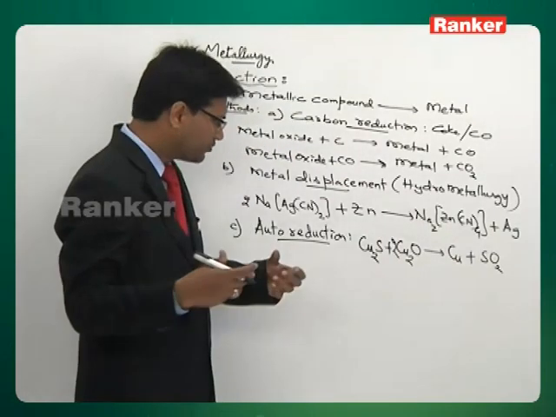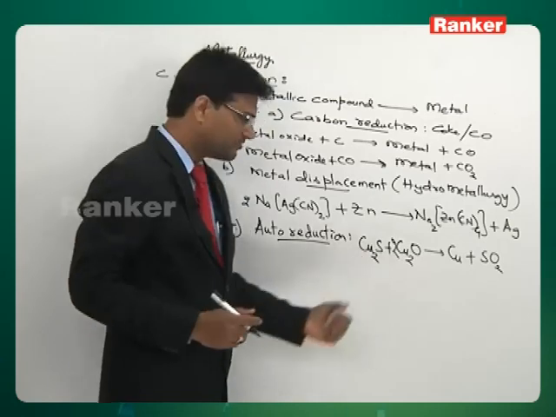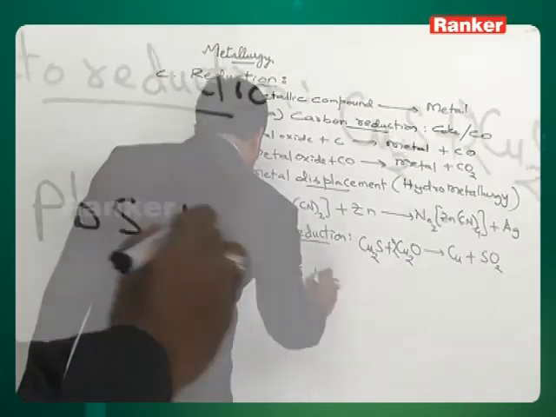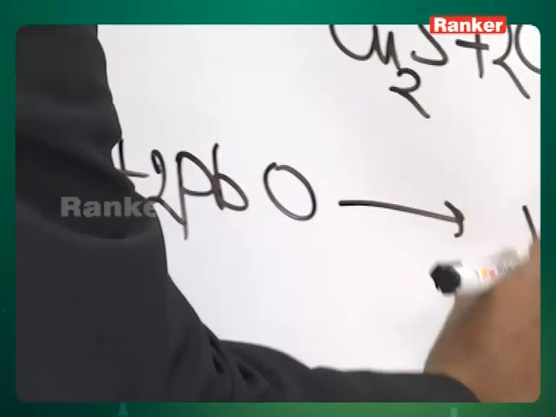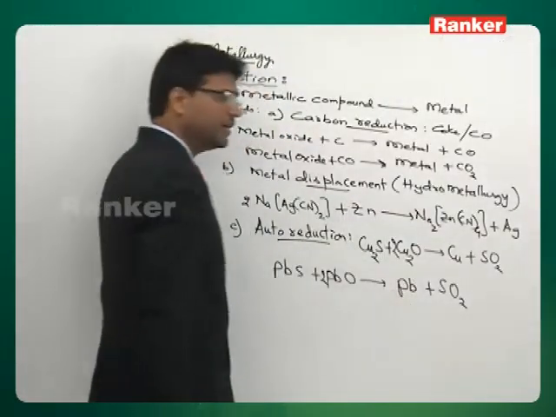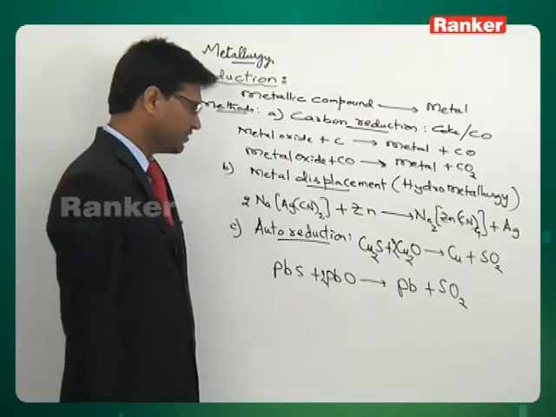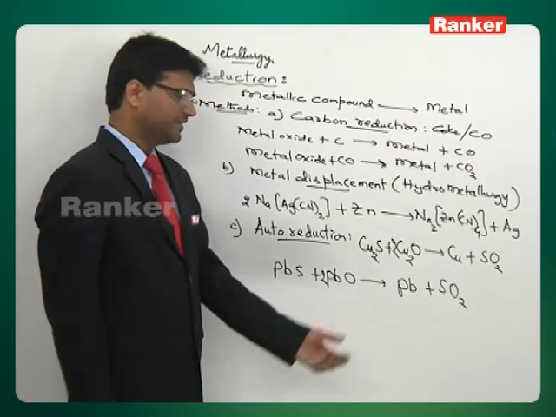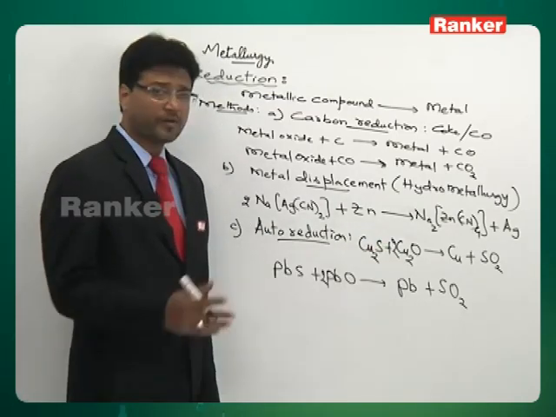It's a case of auto reduction. A metal oxide is reduced by its own sulfide. Another example is this: PbS plus PbO will give Pb plus SO2. Remember, auto reduction is possible for mercury also. It is possible for lead sulfide, galena, even Cu2S, copper pyrites.